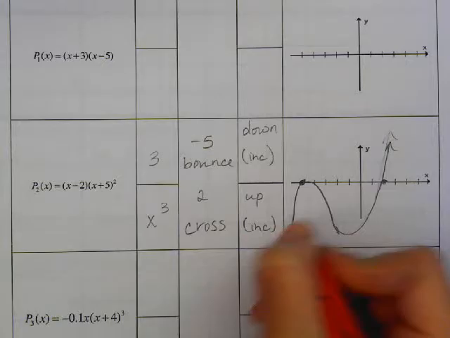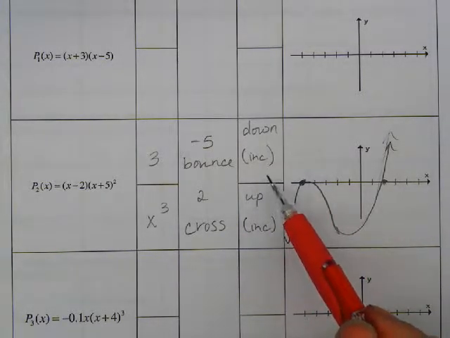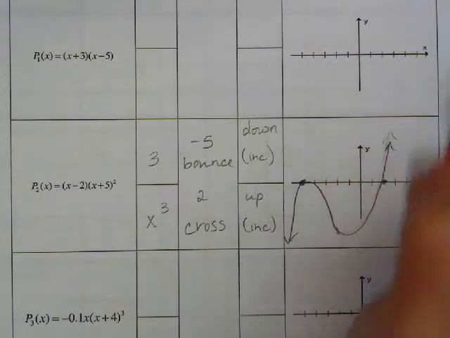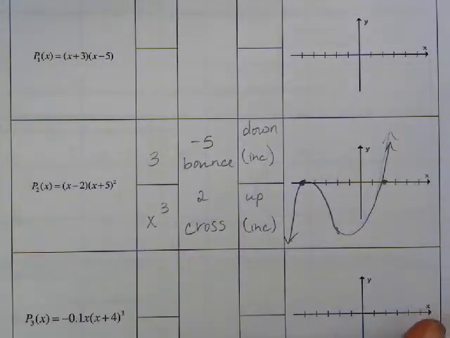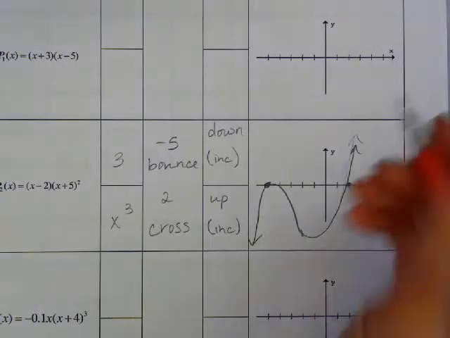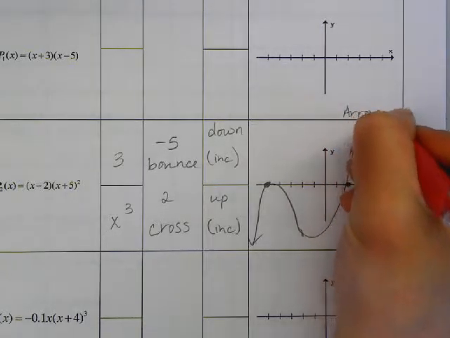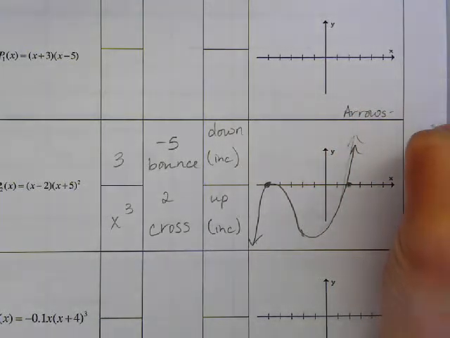So on your worksheet, you don't have to write both of these. When it comes to your start and your end direction, if you prefer to think about the arrows, specifically use the terms up or down.